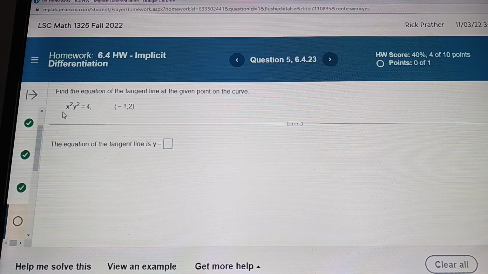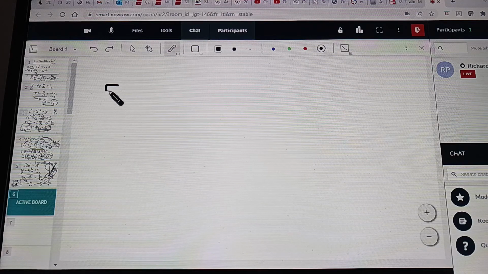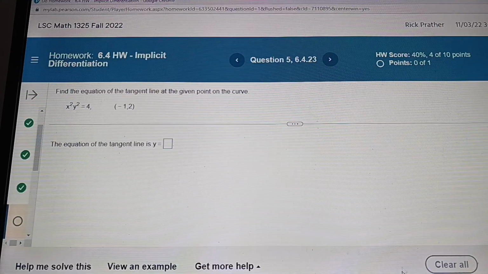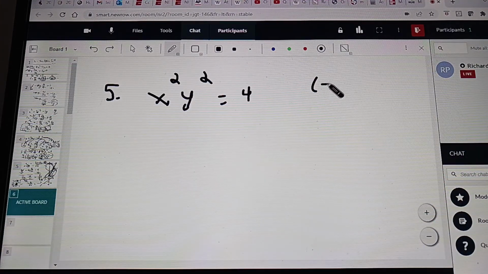Same thing, except this is not a circle. X squared times y squared equals 4. Has to be plus to be a circle, not times. X squared times y squared equals 4 at the point -1, 2. So implicit differentiation first.